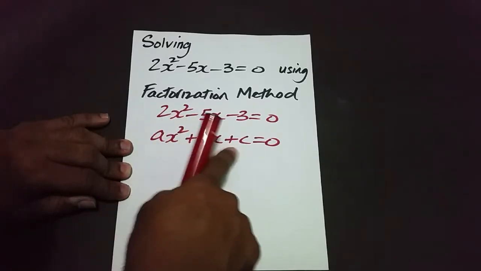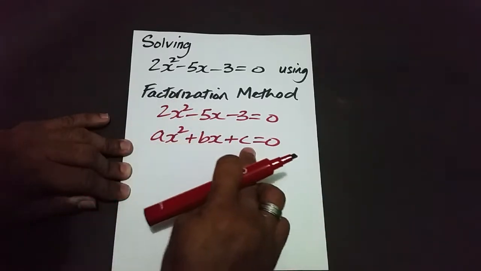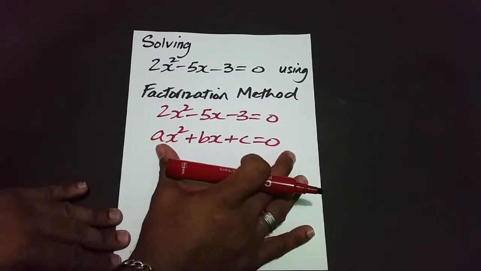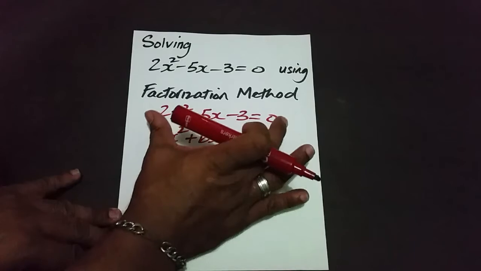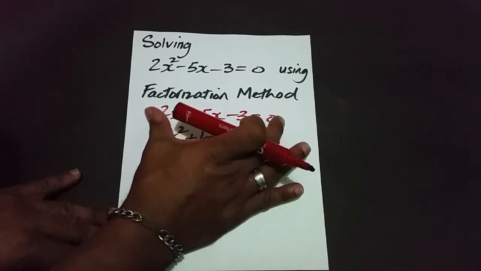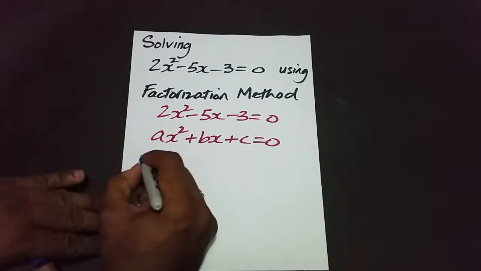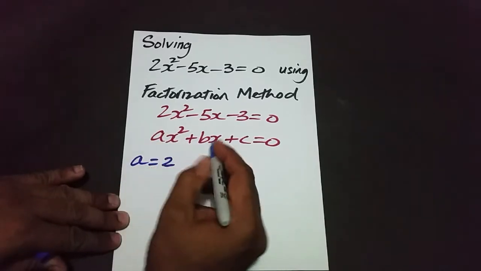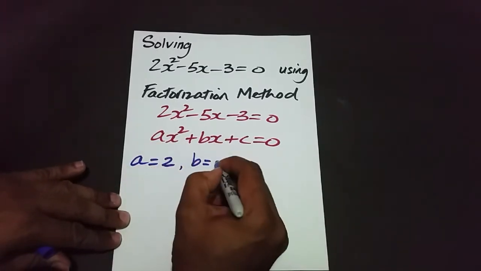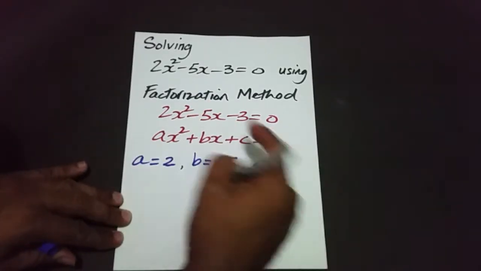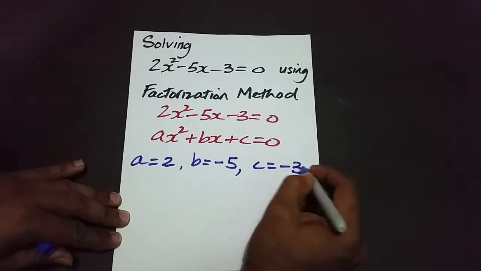As to why you guys would change that, I don't know. So ax squared plus bx plus c equals 0 is the general form of a quadratic equation. And if you look here, you can see that it is looking like here. So we can easily determine the value of a, which in this case is positive 2. The value of b is negative 5. Watch the signs. And the value of c is negative 3.